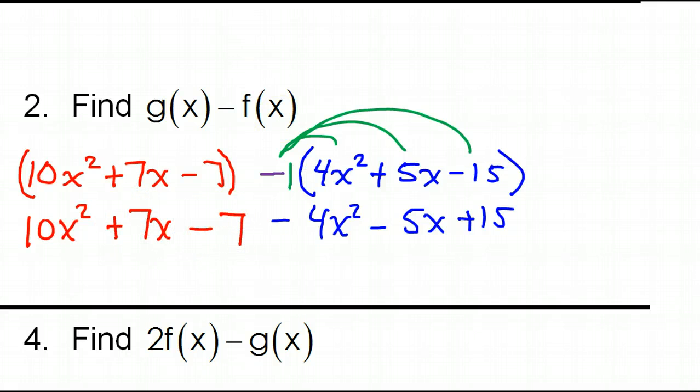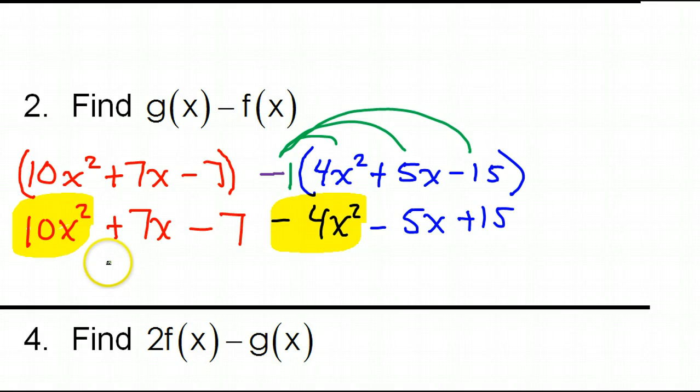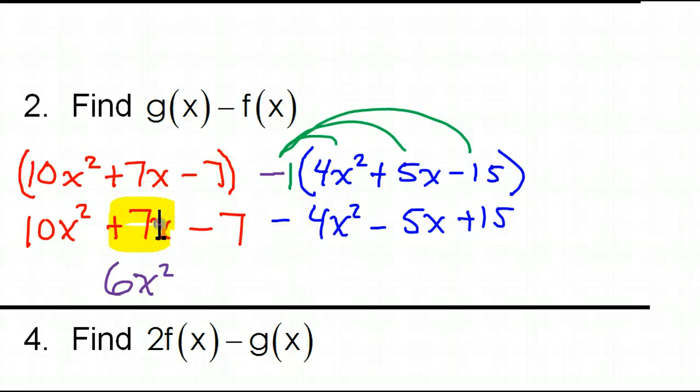Now it's time for those like terms. I've got my 10x squared and my negative 4x squared. If I put those together, that's going to be 6x squared. Next, like terms, my positive 7x and my negative 5x.